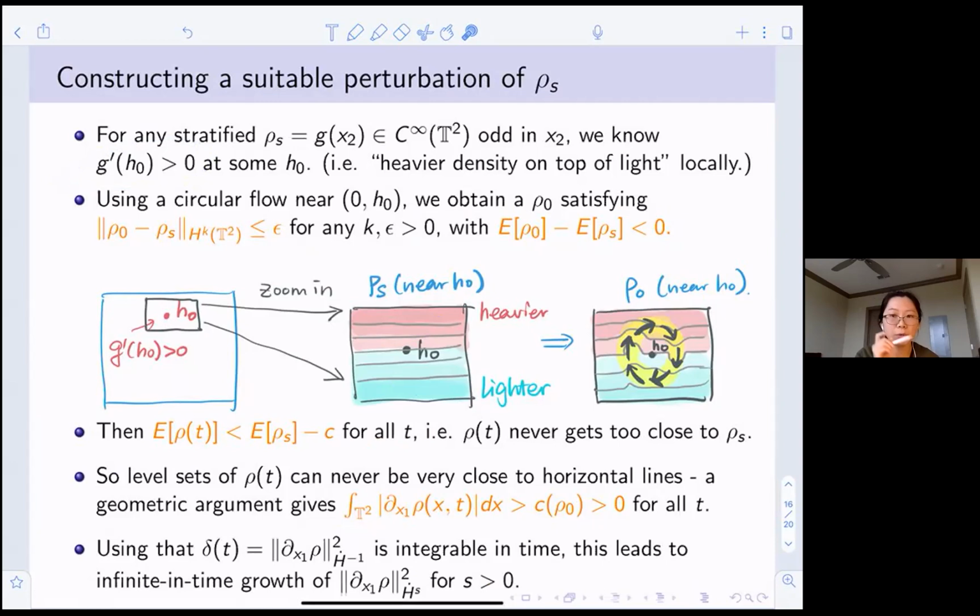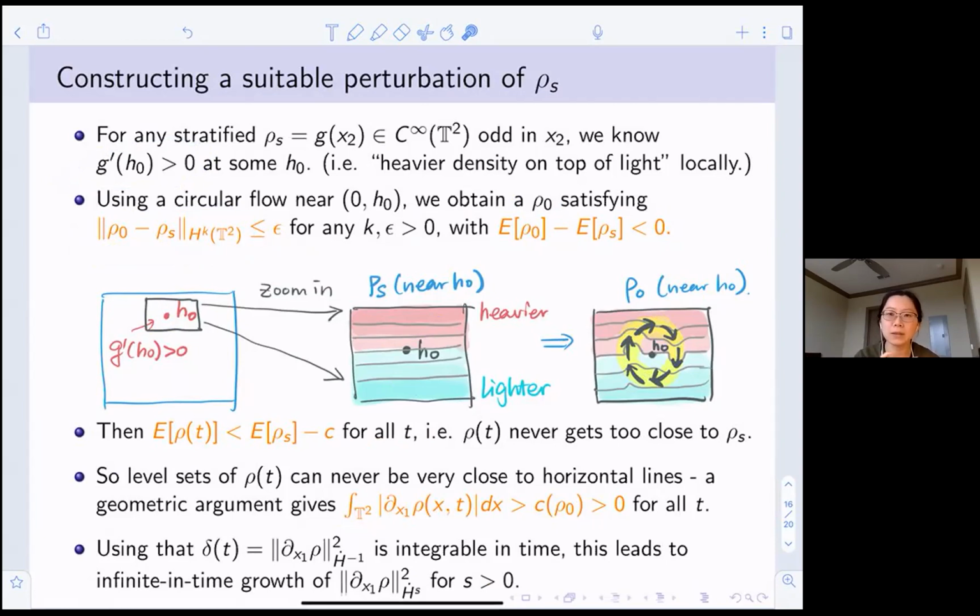Now we want to create a perturbation that is just local near this point. Using just a circular flow near this point, we obtain an initial condition which is still smooth, and it can be made close to rho s in an arbitrarily high Sobolev space with arbitrarily small norm.